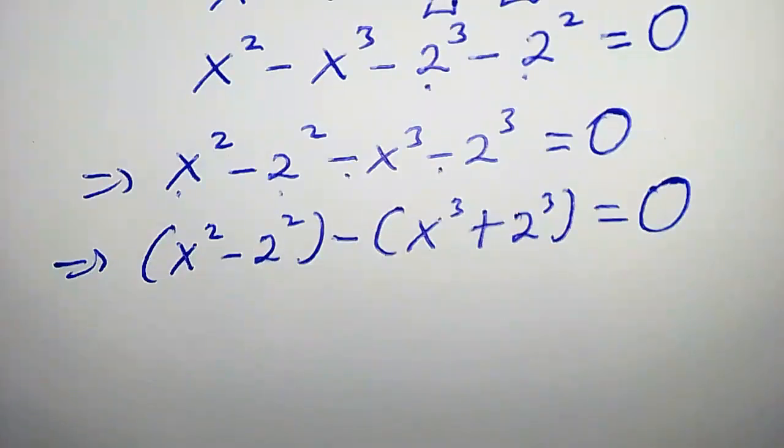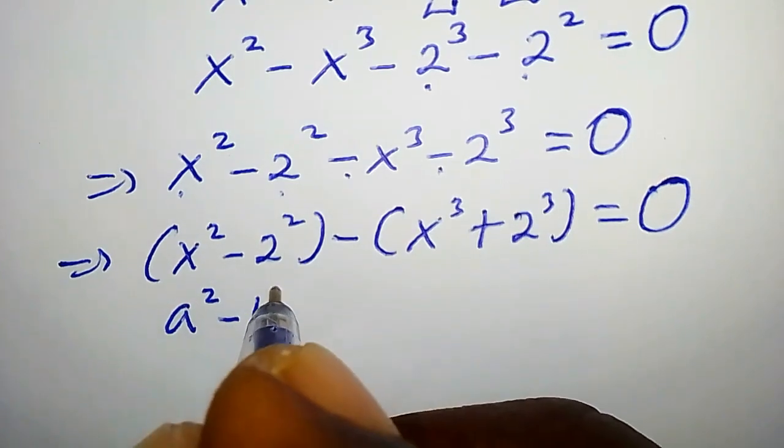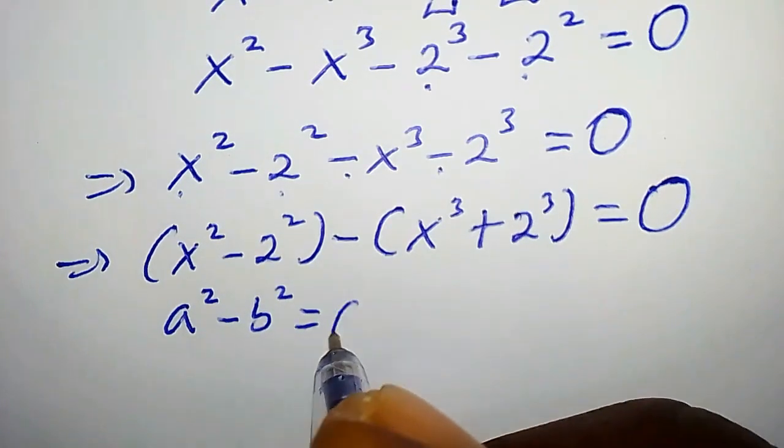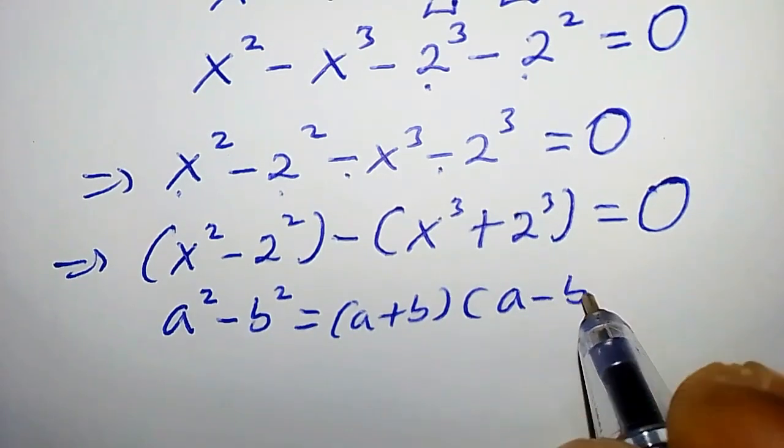Nothing has changed. At this stage, let us recall a very nice property. The first one is a squared minus b squared is equal to a plus b times a minus b.